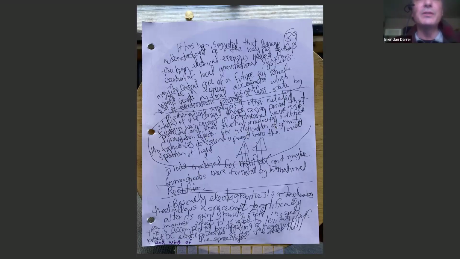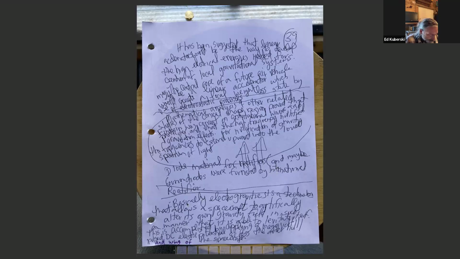For a nullification of gravity, frequencies do extend upward into the lower spectrum of light. Diode material for rectifiers and maybe gun diodes were furnished by International Rectifier, which is a company.